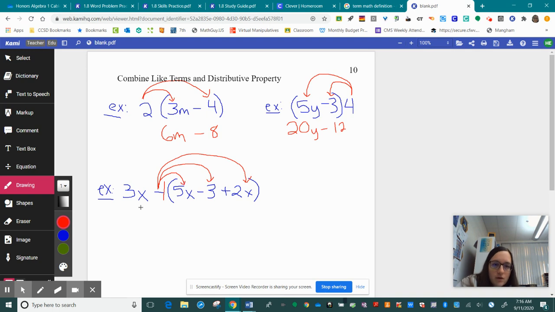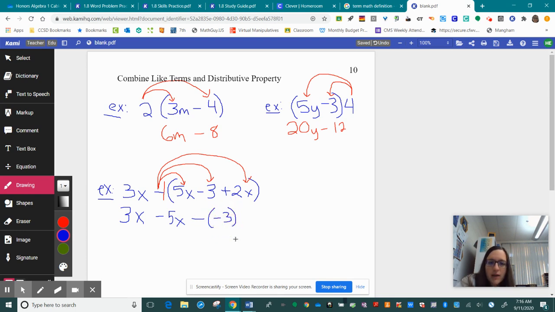I'll show you. So let's do the subtraction idea first, and we'll go with that. So our 3x just kind of hangs out up here. Nothing happens yet. If we're going to subtract 5x, we would write it as minus 5x. If we're going to subtract a negative 3, that's the same as saying subtract a negative 3.